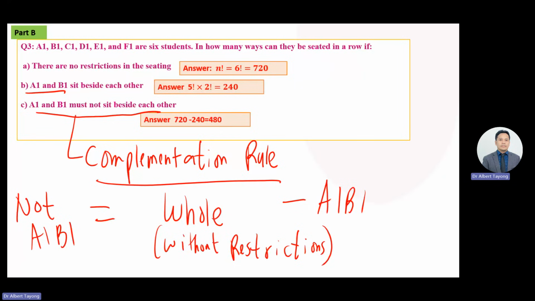The answer here is 720 minus 240, which is equal to 480. This is using the complementation rule. The whole is 720, that is without restrictions, minus the opposite of not A1, B1, which is already here in letter B, 240.